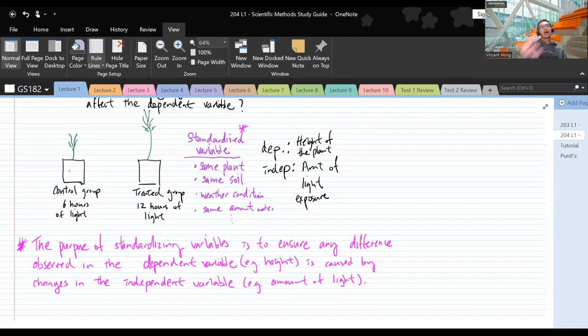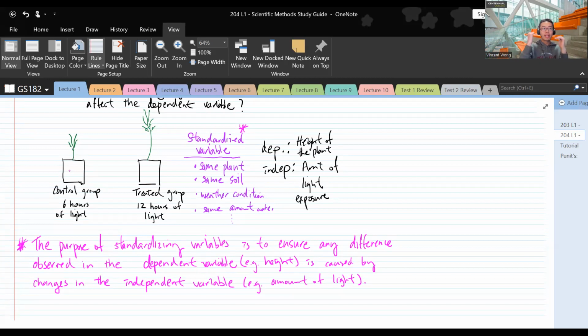Okay. Then I challenge you. How do you know for certain it's not because one plant got better soil than the other? I'd tell you everything was the same: the same plants, the same soil. Exactly. But you wouldn't be able to tell me that unless you made sure the soil was the same.